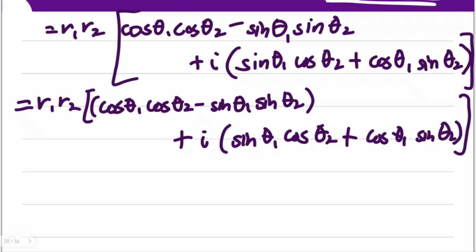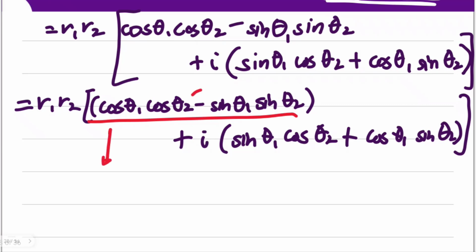We can now proceed to the sum and difference formulas, specifically for these two here. When you have cosine theta sub 1 and cosine theta sub 2, minus the sines of both angles, that's actually equivalent to a sum formula.